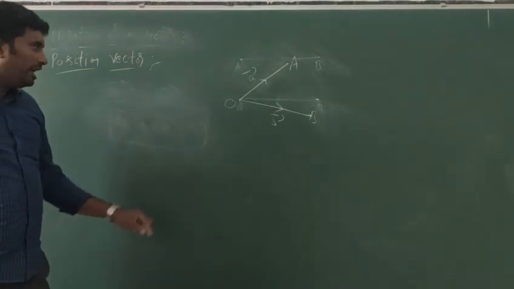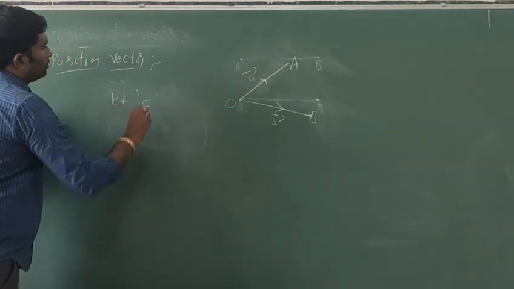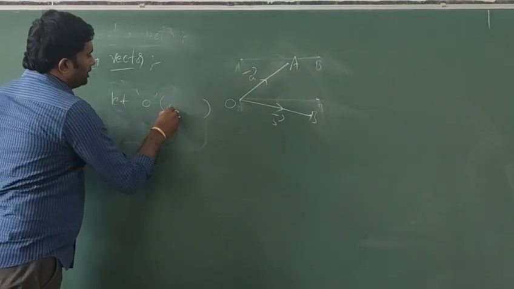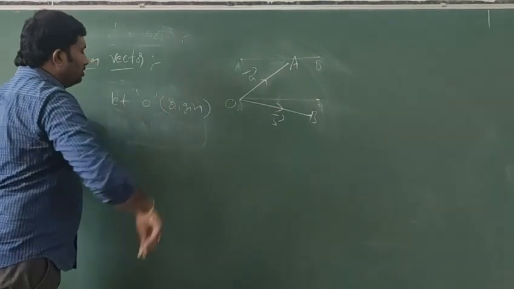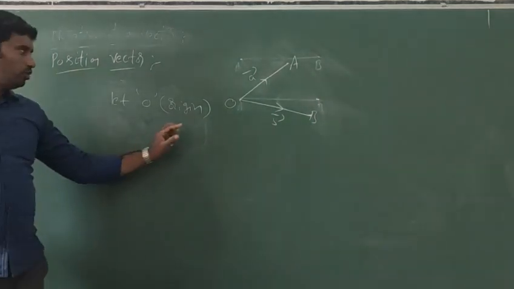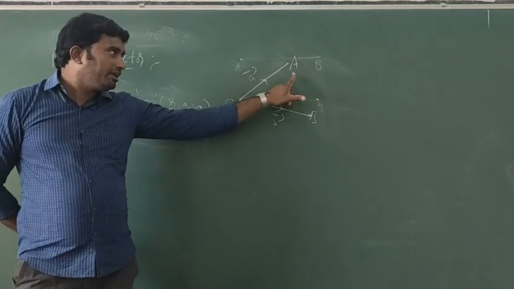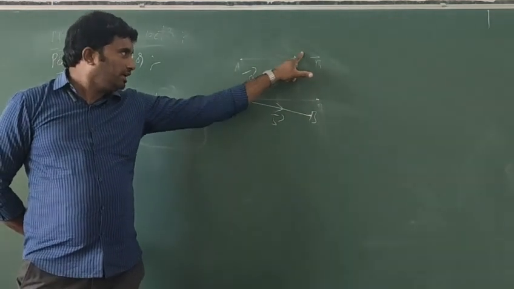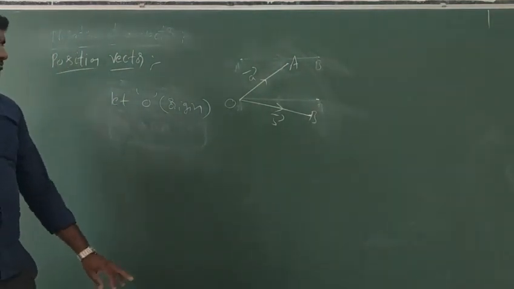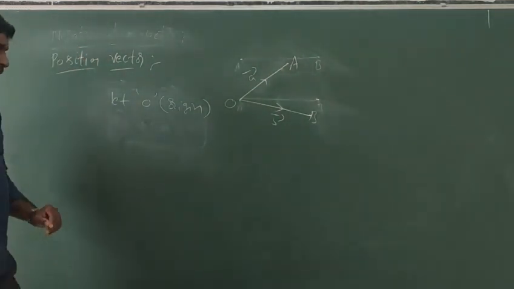Position vector. Let O, the origin, be the fixed point. Let O be the origin, which is a fixed point, and let capital A be any point in the space.